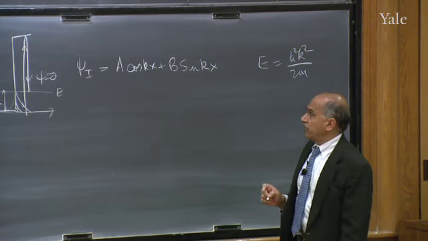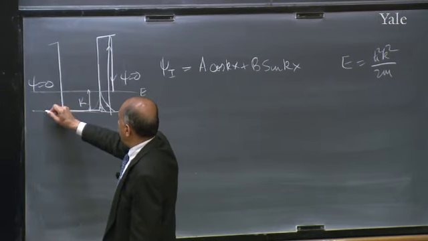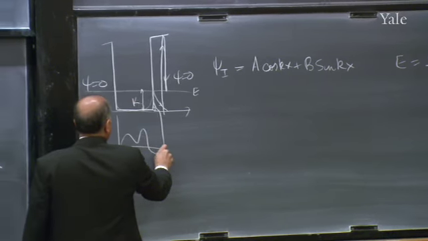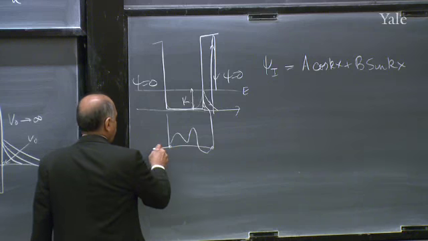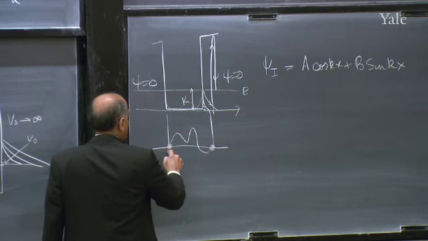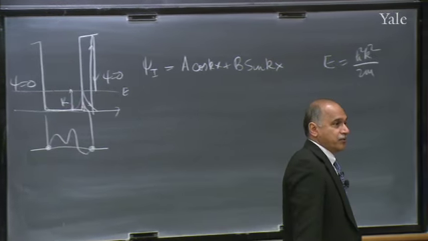But now we have an extra restriction. The restriction is that if you draw the function in this well, it can do whatever it wants, but it must vanish at the two ends, because it's 0 here and it is 0 here. Just by continuity of psi, every psi that's allowed must vanish at the two ends. That's the new restriction.